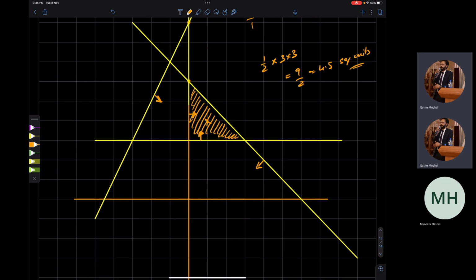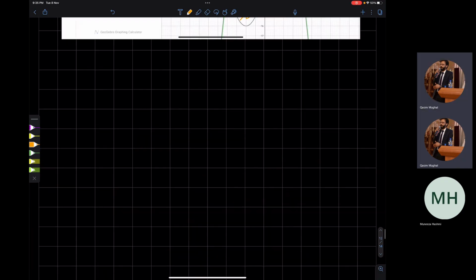The unit was not given, whether it's centimeters or what, so I've written it simply as square units. Whatever the units are, the square of it. Okay, that's it, all of them.